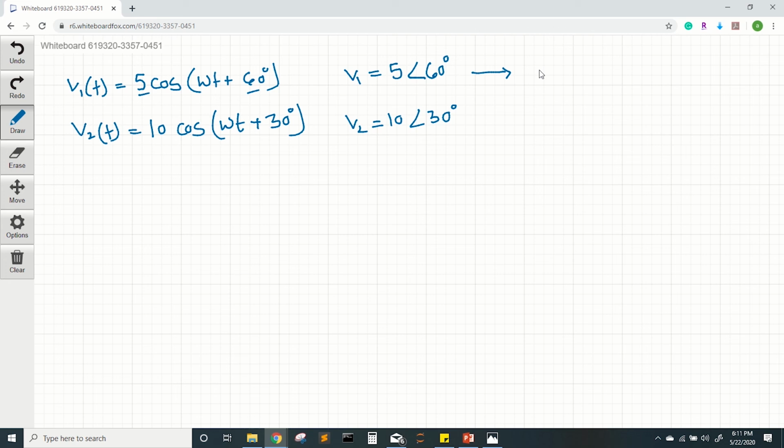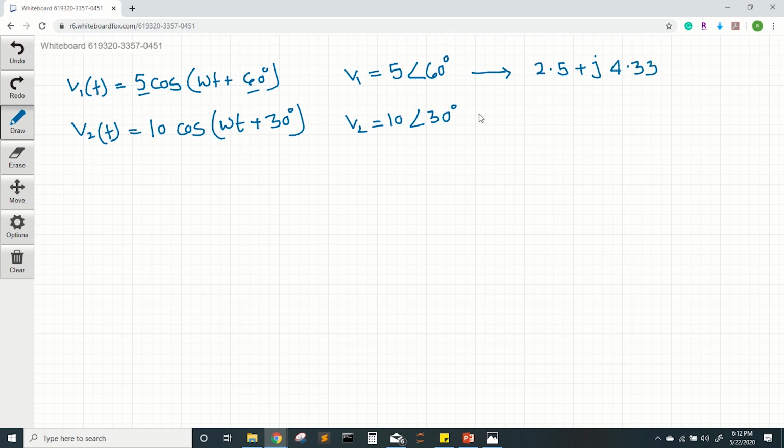Converting this, 5 cos 60 degrees would be half, so 2.5, plus j of 5 sine 60 degrees, which would be root 3 by 2. So 5 root 3 divided by 2 means 5 into 1.73 over 2, so it comes to 4.33.